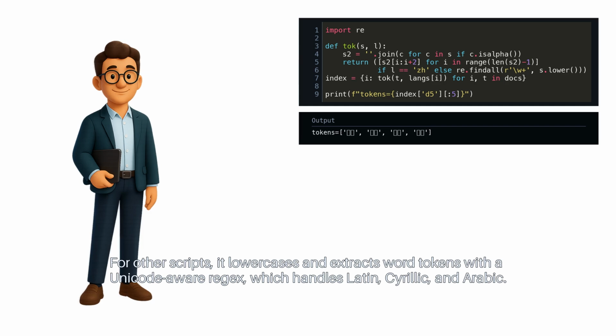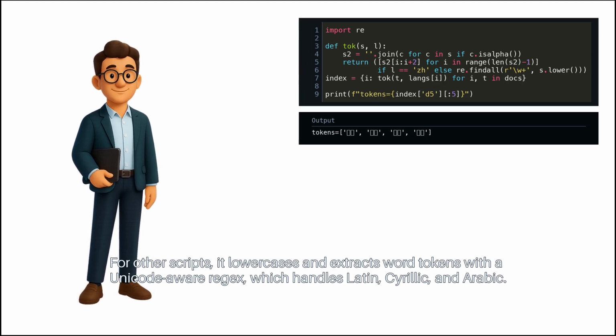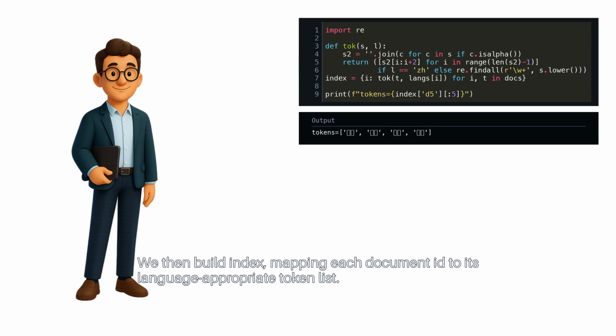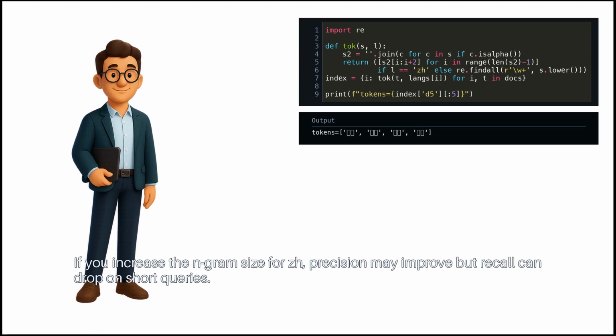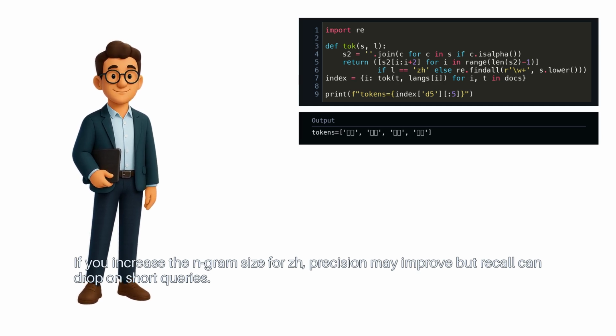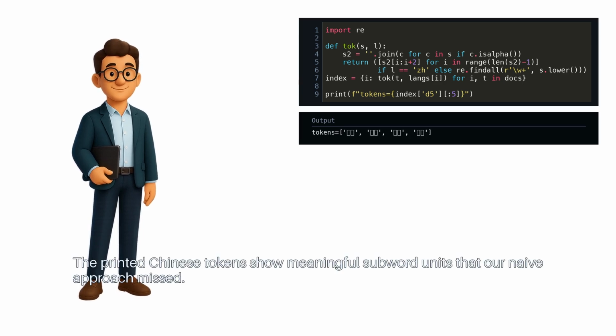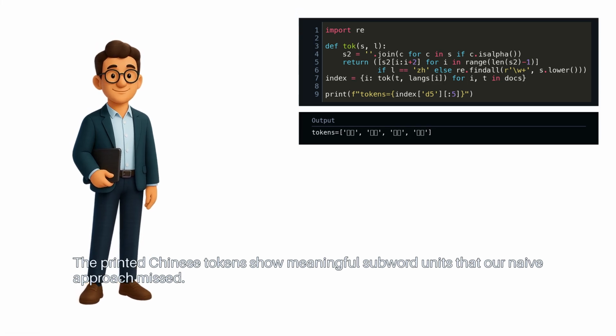For other scripts, it lowercases and extracts word tokens with a Unicode-aware regex, which handles Latin, Cyrillic, and Arabic. We then build index, mapping each document ID to its language-appropriate token list. If you increase the n-gram size for ZH, precision may improve, but recall can drop on short queries. The printed Chinese tokens show meaningful subword units that our naive approach missed.